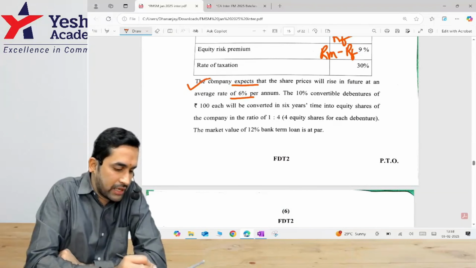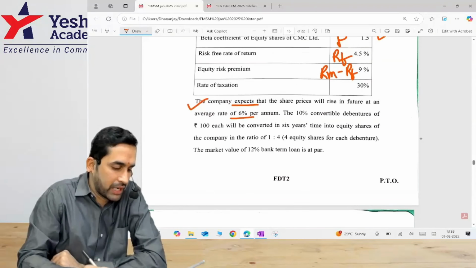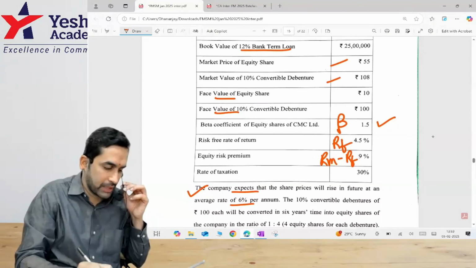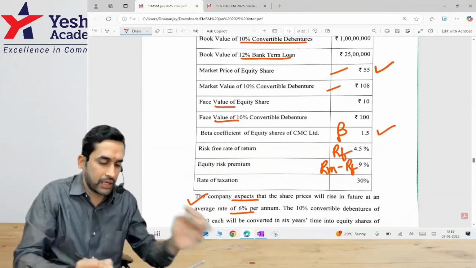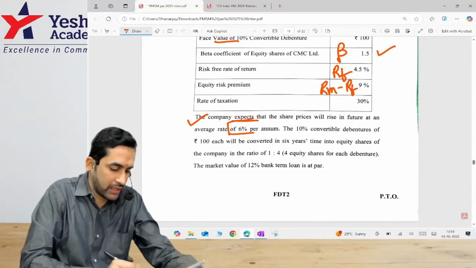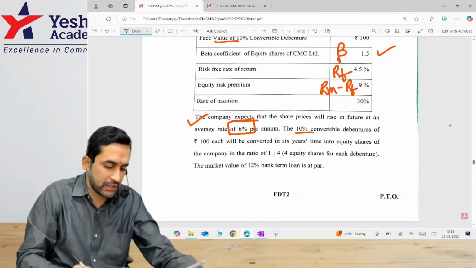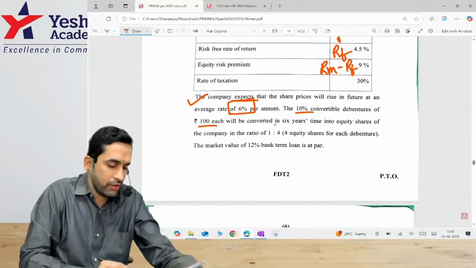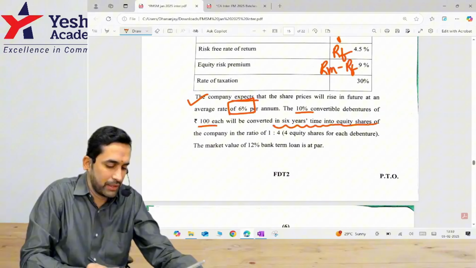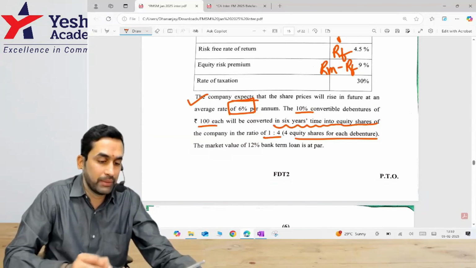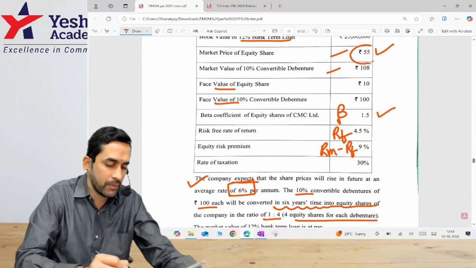Here they are saying company share price will grow at 6% per annum. That means whatever is the market price now, where is the market price? 55, and this will grow at 6%. The 10% convertible debenture of 100 will be converted in 6 years time into equity shares in the ratio 1:4, 4 shares for each debenture. But remember, as of now it is worth 55.